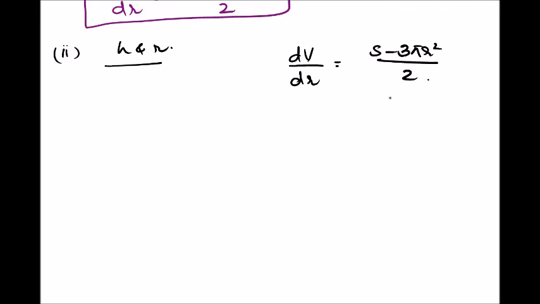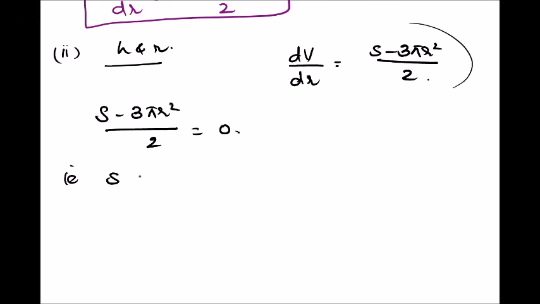We will set this to 0. That is S minus 3 pi r square by 2 is equal to 0. That is, we can write S minus 3 pi r square is equal to 0, or S is equal to 3 pi r square.